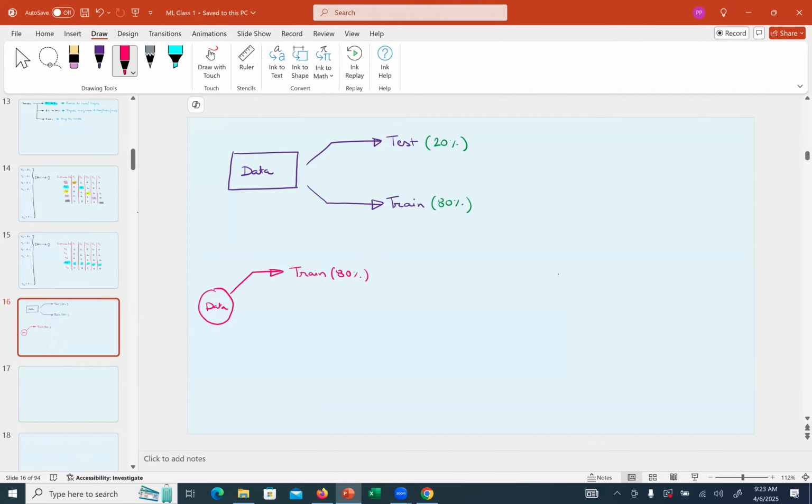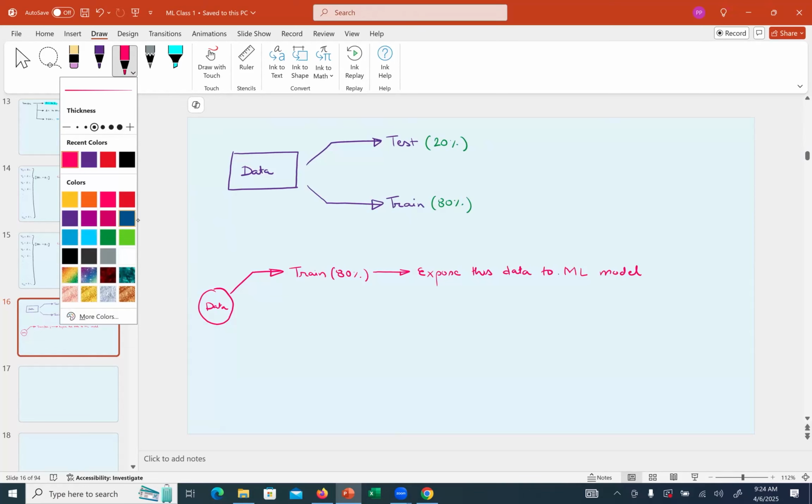On this training data set, I will be exposing this data to the machine learning model. You need to expose this data to the ML model, and the ML model will learn based on this.